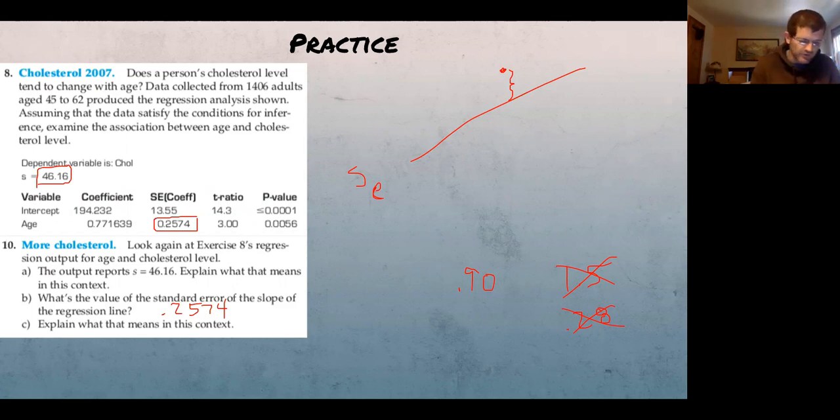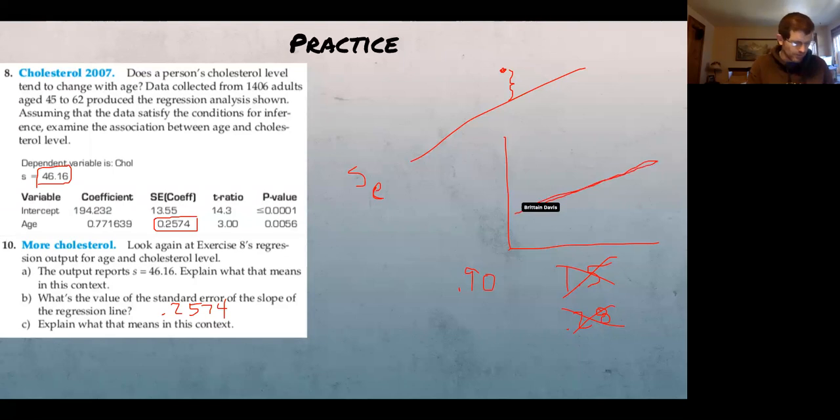All right, and to visualize that, and this will be the last of it, 0.2574 is a slope about like this maybe. So a slope, oh, I'm sorry, that's not our slope, I'm doing this wrong. Our slope is 0.77, so that's going to be more like that, okay?